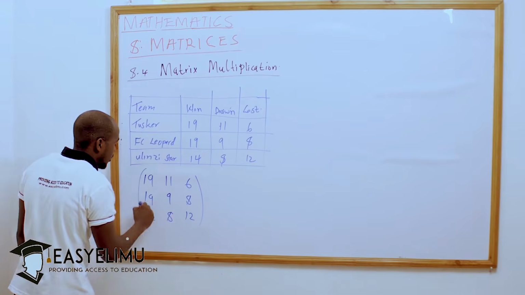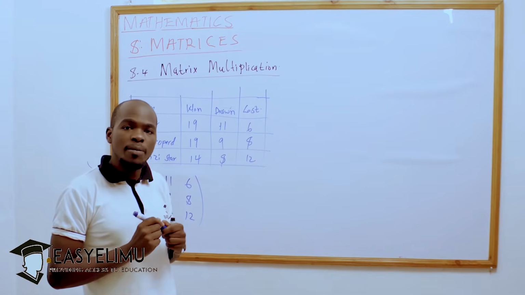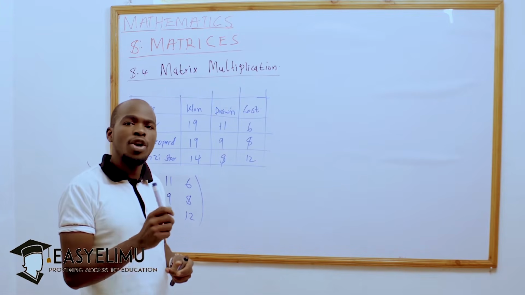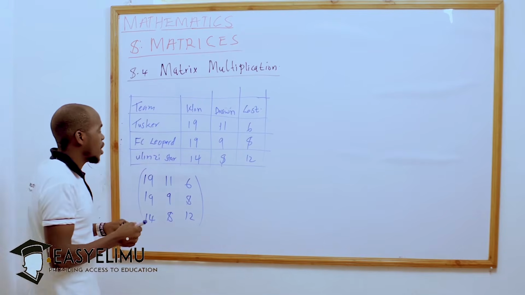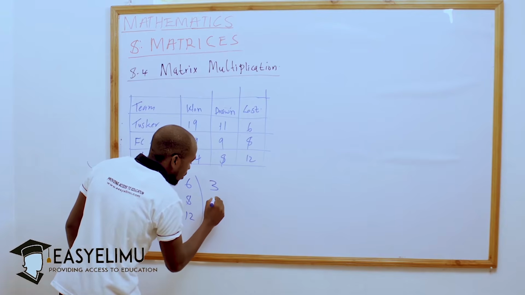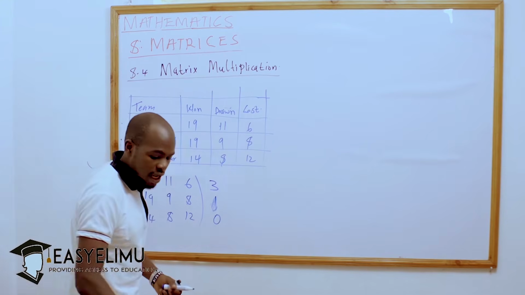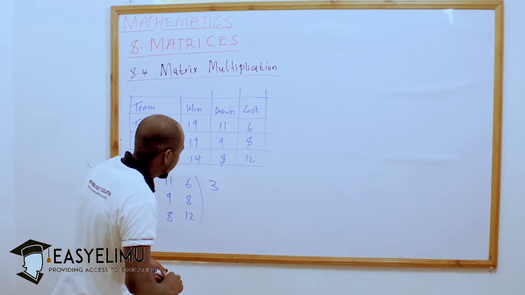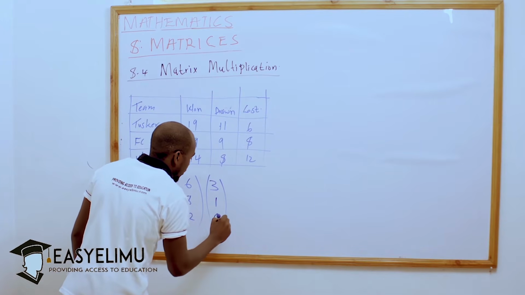So that is how the matrix looks. But we have been told that for every win there are 3 points, every draw is 1 point, and every loss is 0 points. So we can represent that also in matrix form: 3, 1, 0, with 1 representing a draw and 0 a loss. So this is another kind of matrix.